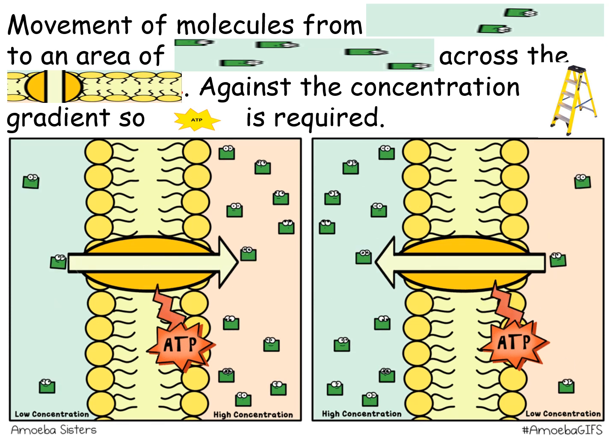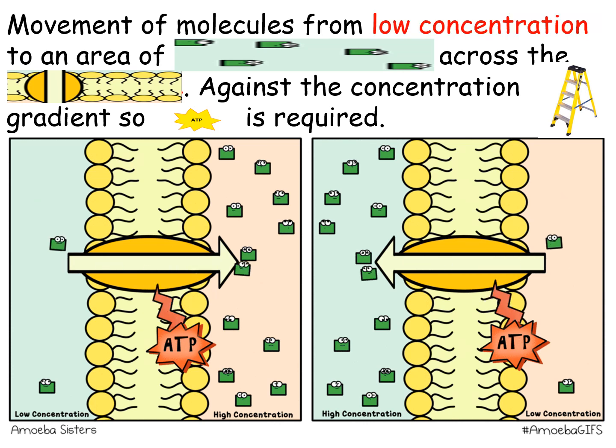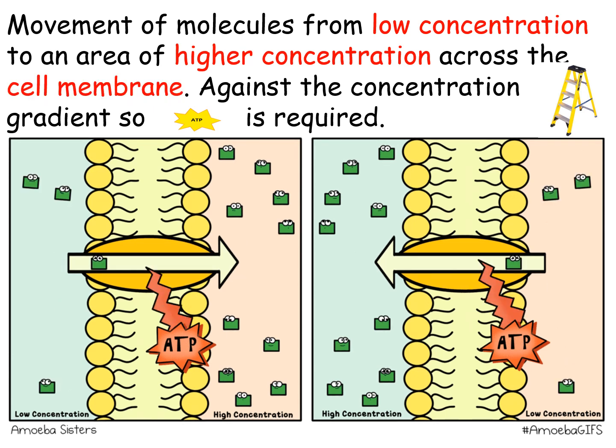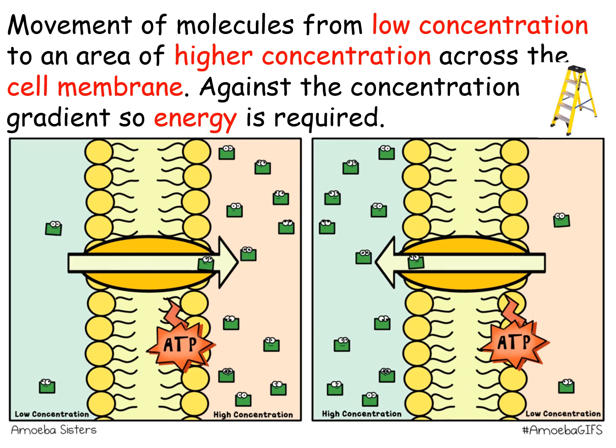So active transport is the movement of molecules from a low concentration to an area of higher concentration across the cell membrane. This happens against the concentration gradient, so energy is required. That might be a nice definition for you to note down.